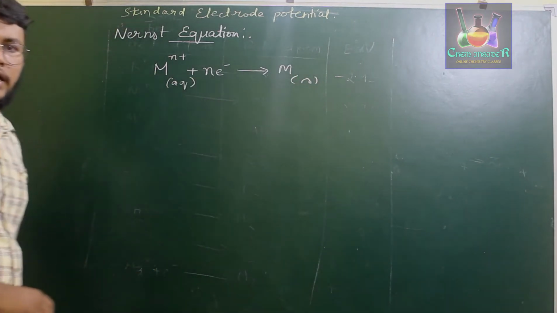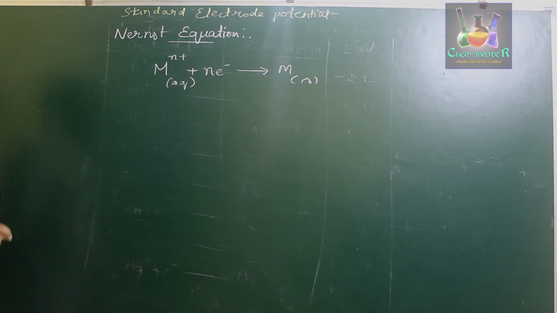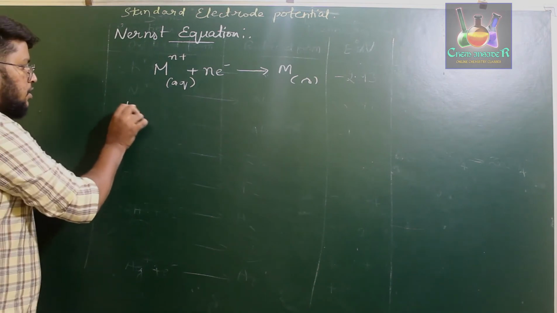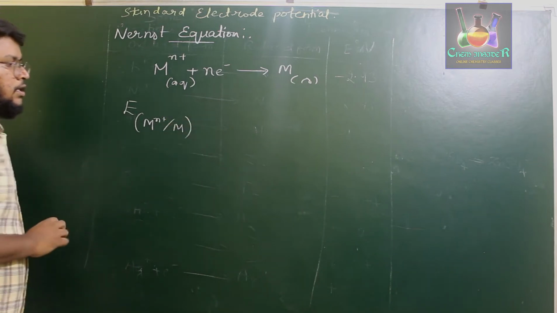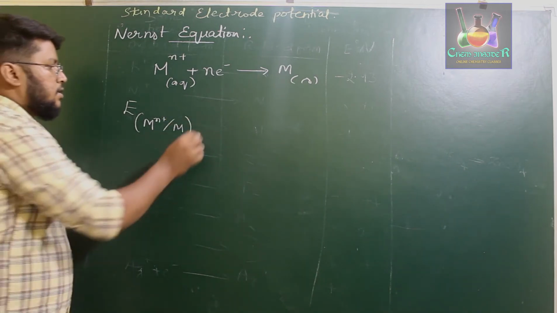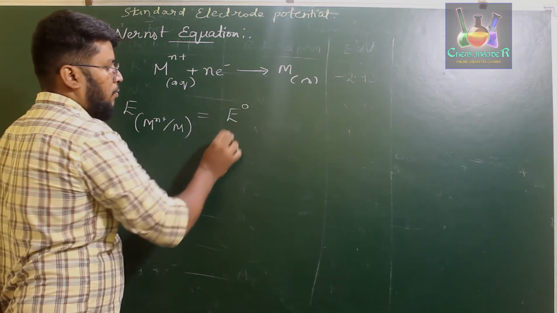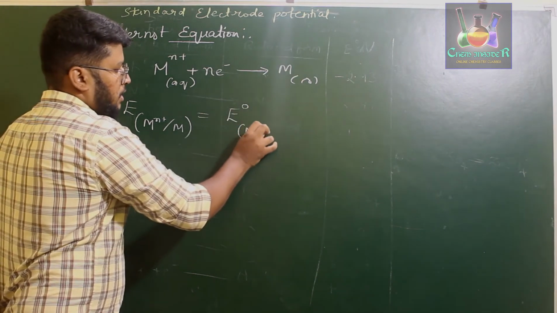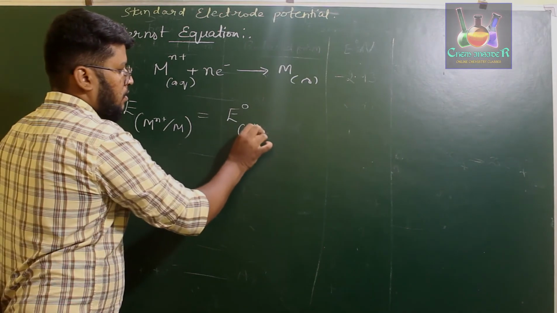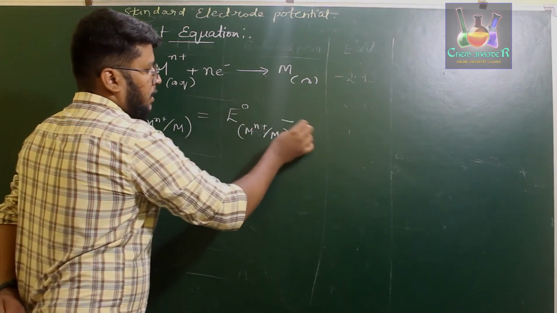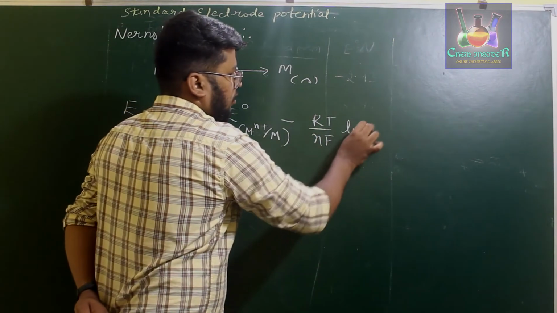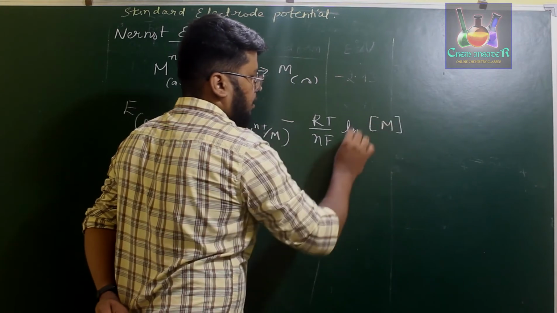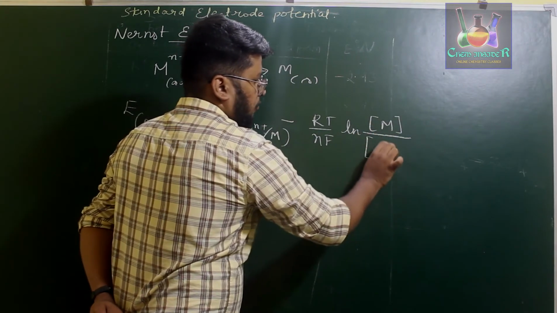For this reaction, the electrode potential of the metal-metal ion interface, E of Mn plus bar M, is equal to the standard electrode potential of Mn plus bar M minus RT by nF ln of the concentration of product, that is the metal, divided by the concentration of metal ion.